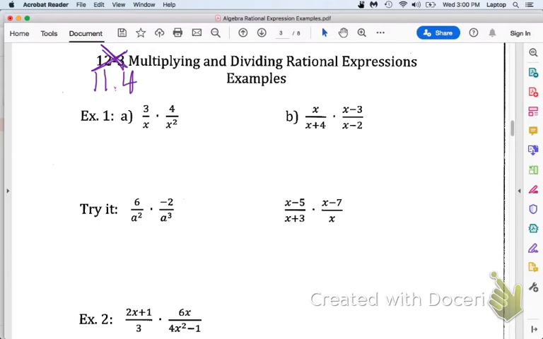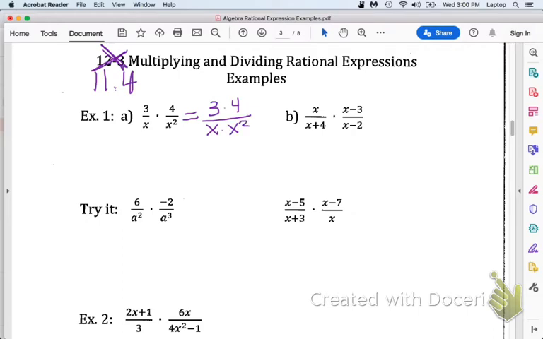Now, multiplying and dividing them will follow the same rules as multiplying and dividing fractions, okay? So we know that we multiply across numerators and multiply across denominators. So we would get, for this first example, A, 3 times 4 all over x times x squared.